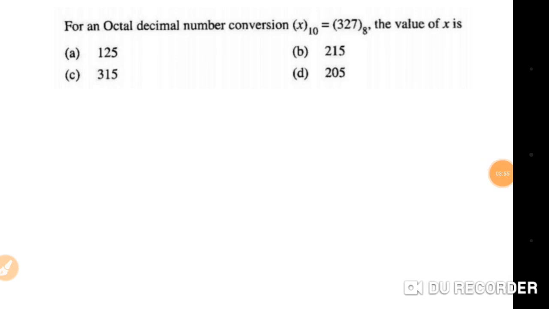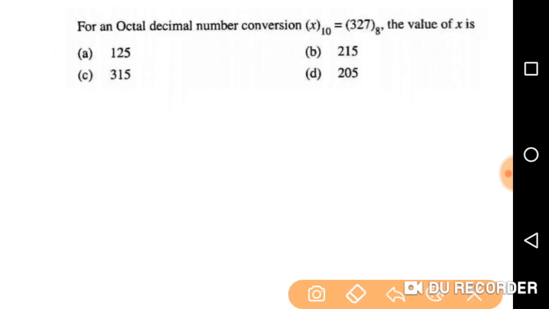It's a simple problem based on number systems. We have to convert an octal number to a decimal number. The basic technique of converting any number to the decimal base, or base 10, is that we have to multiply each digit with the power of the base in which the number is present.